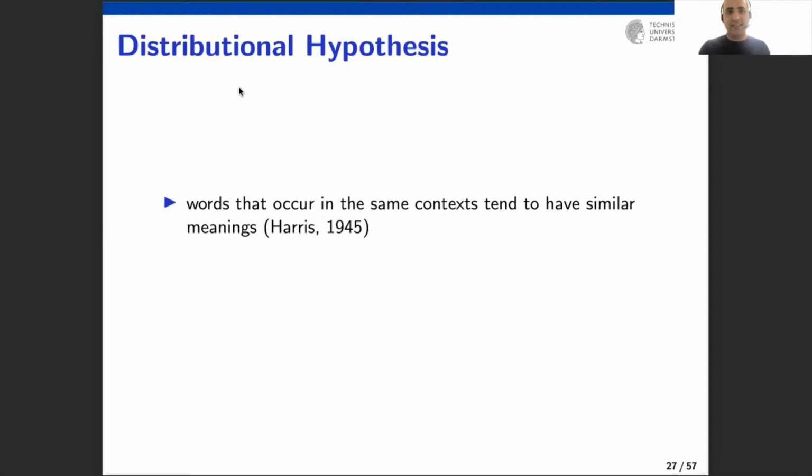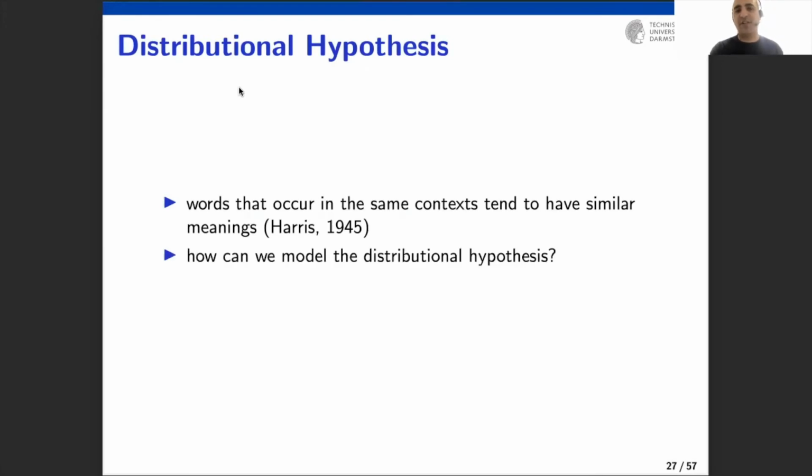This is a hypothesis that we make to encode the semantics of words into vectors. We hypothesize that words that occur in the same contexts tend to have similar or related meanings.